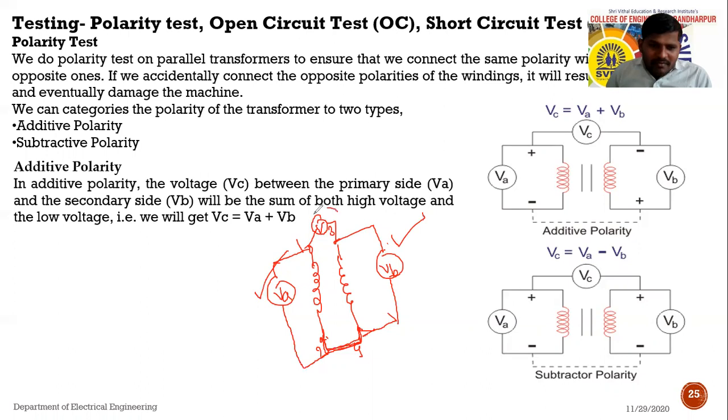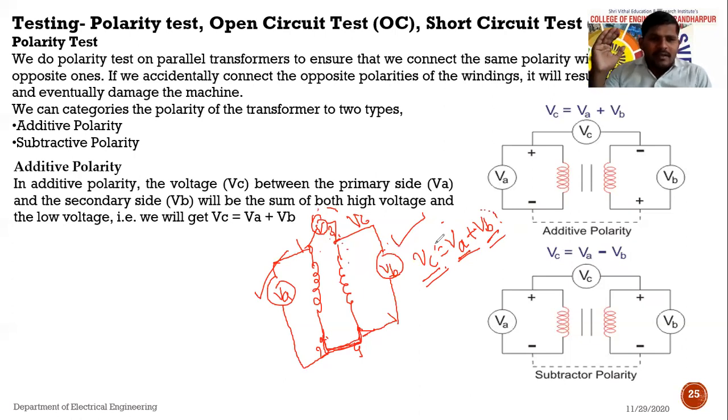So the voltmeter VC, which is connected between these two windings, if it shows the summation of these two voltages, that means VC equals VA plus VB. The voltage VC is the sum of the voltage across the primary winding and the voltage across the secondary winding, then we can call it additive polarity, right?